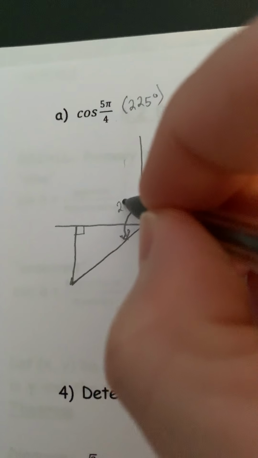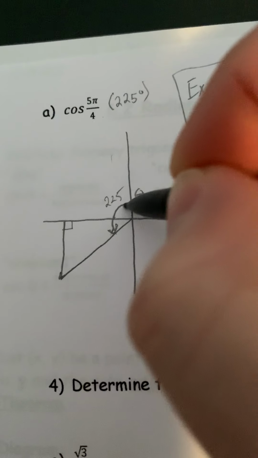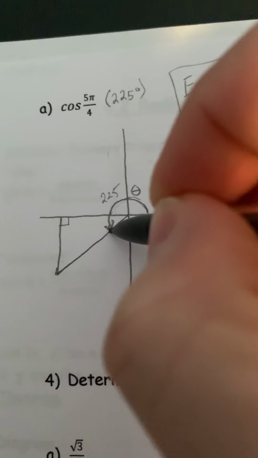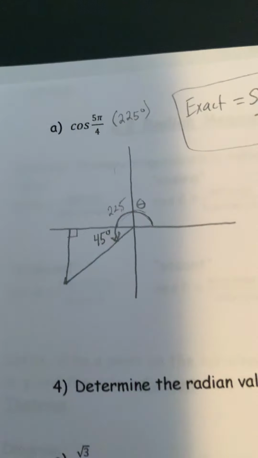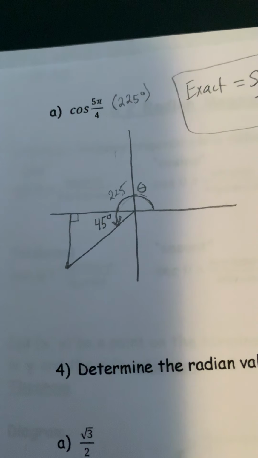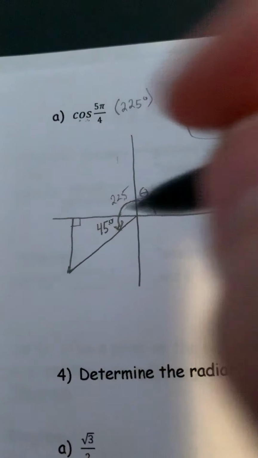If the whole thing is 225, from here to here is 180, but from here to here is 225. So if you subtract them, 225 minus 180 will give you 45 degrees. We're looking for cos, so cos of 45 degrees.